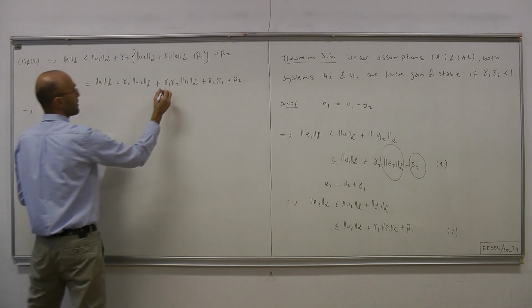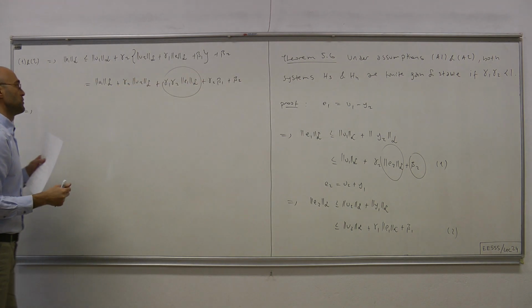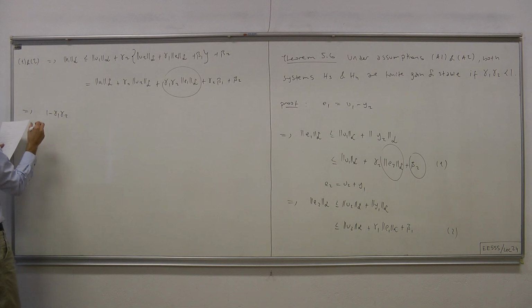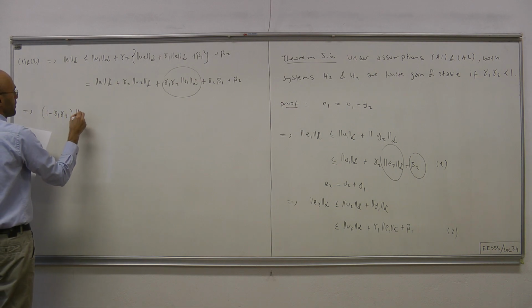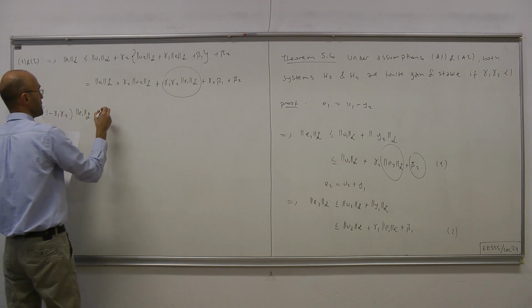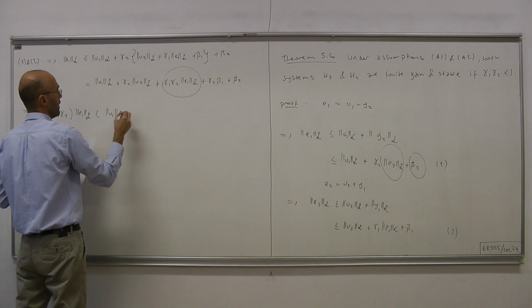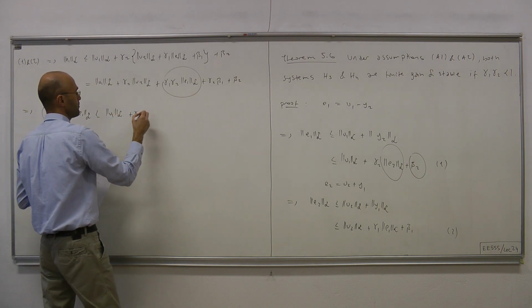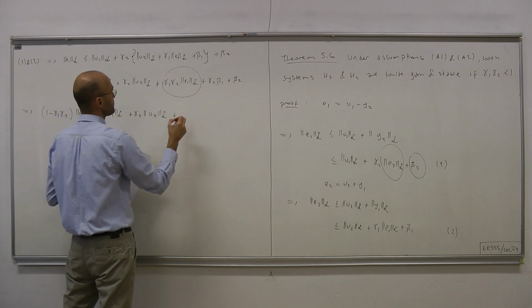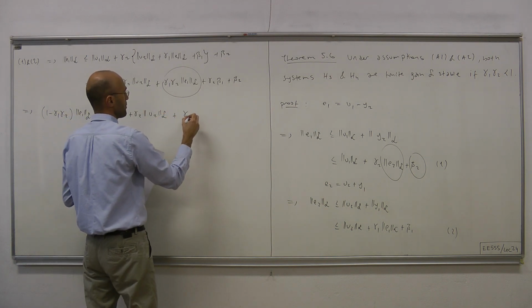And then we take this term to the other side and write 1 minus gamma 1 gamma 2 times the L norm of E1 less than or equal to what remains, which is the L norm of U1 plus gamma 2 times the L norm of U2 plus the constant terms.